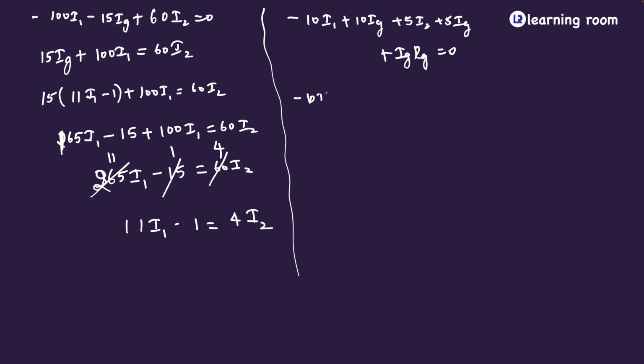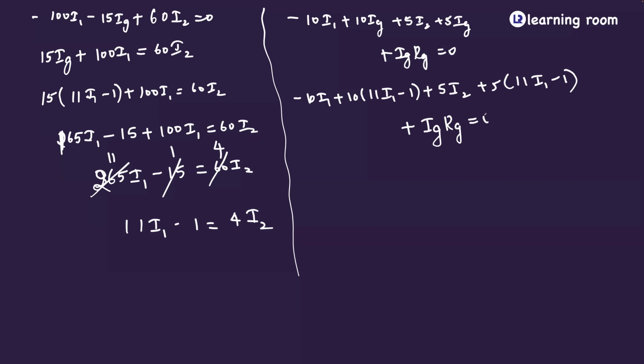So minus 10 I1 plus 10 into what is the value of Ig? 11 I1 minus 1, plus 5 I2 plus 5 into 11 I1 minus 1 plus Ig into Rg is equal to 0.